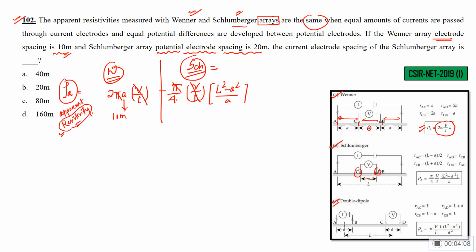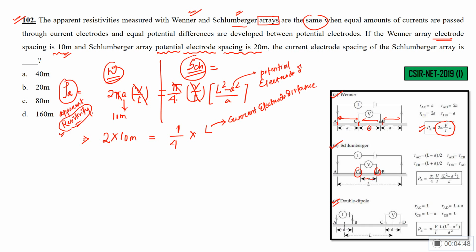So 2 times 10 meter equals 1 by 4 times (L square minus 20 square) divided by 20, where L is the current electrode distance and a is the potential electrode distance, 20 meter.